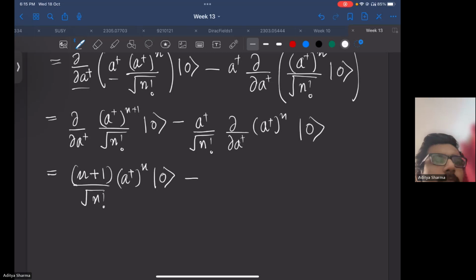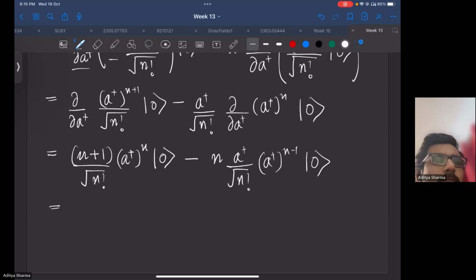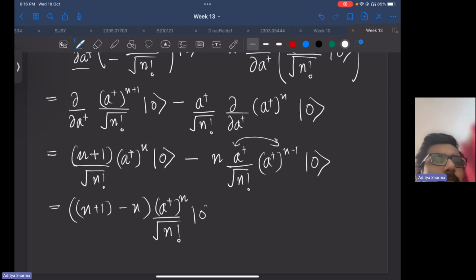And I have n (A dagger)^(n-1). So from this and this, you're going to get (A dagger)^n, so (n+1) minus n, times (A dagger)^n over square root of n factorial on 0.